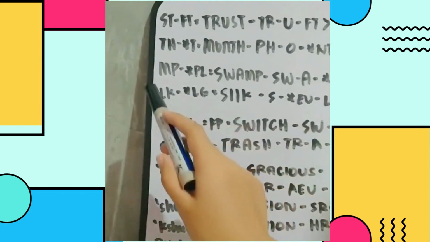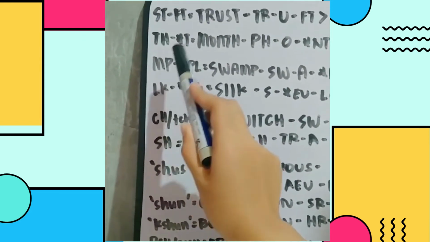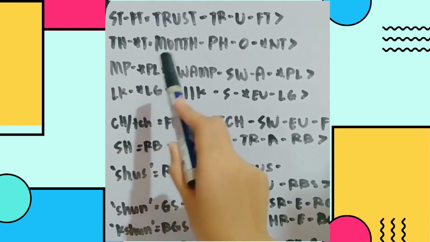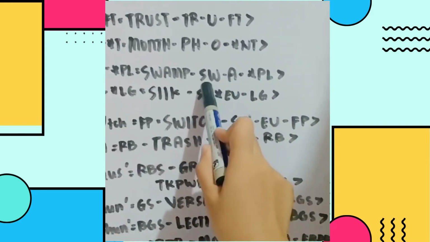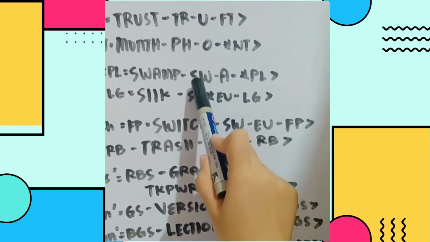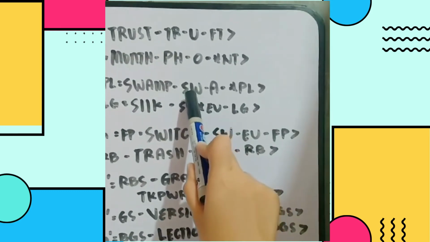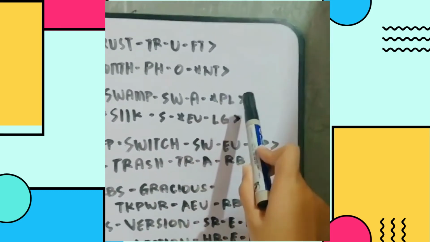Next, the ending word is MP, and the represent code is asterisk PL, and the example word is swamp. So if we read and type it in a machine keyboard, it should be initial SW, vowel A, ending asterisk PL, then release.